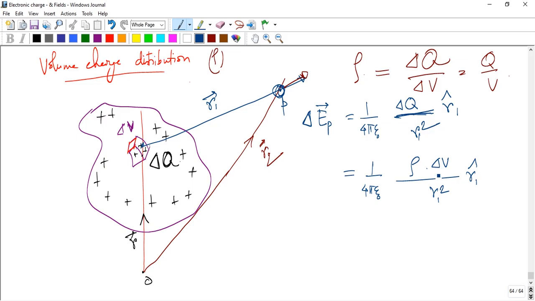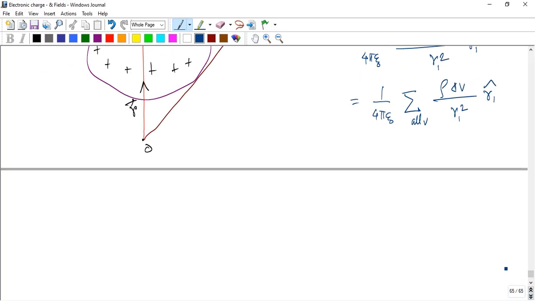To calculate over all the volume, we need a summation, the superposition principle, of rho delta V over R1 squared times R1 cap, the direction vector. Summation means addition, and a beautiful mathematical tool helps us overcome the multiple additions: integration.